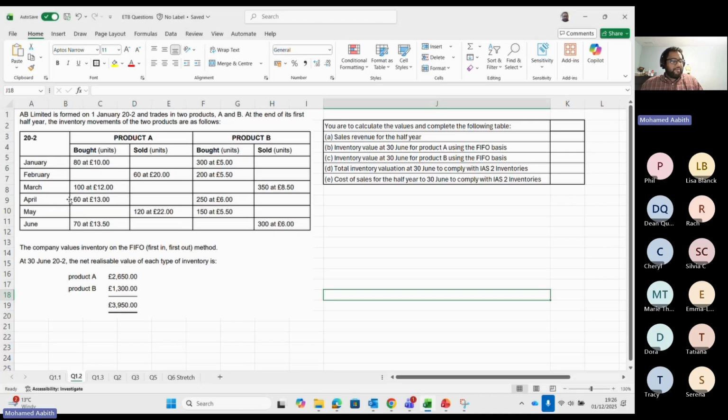We bought 100 of them, we bought 60 of them, and then we sold 120 at £22. And then we are left with 70. The company values the inventory using the FIFO method, first in, first out, at the 30th of June 2022. The net realizable value of each inventory is £2,650 and £1,300. This is additional information. The first question is the sales revenue for the half year.